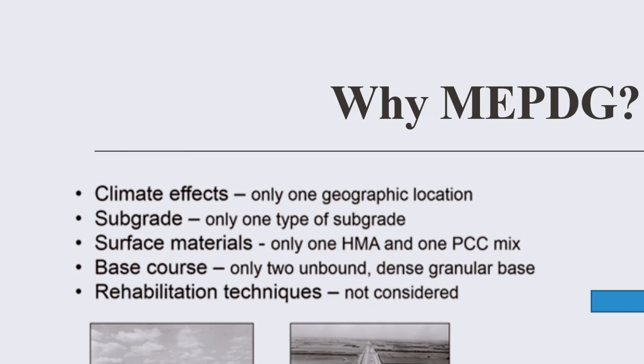Base course, they also looked at two main materials, the unbound and the dense granular base. Then they did not look at rehabilitation techniques. So that's the restriction, but that's the pavement design that we've been using, the 93. Of course, there's been some improvement over the period.